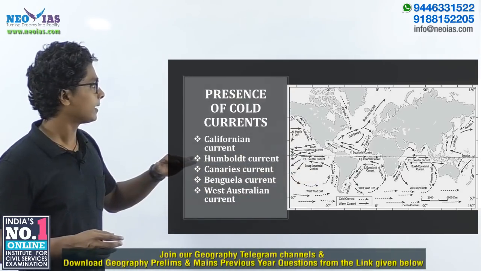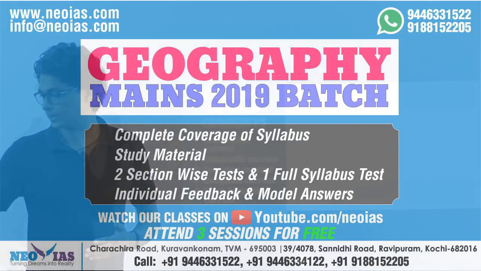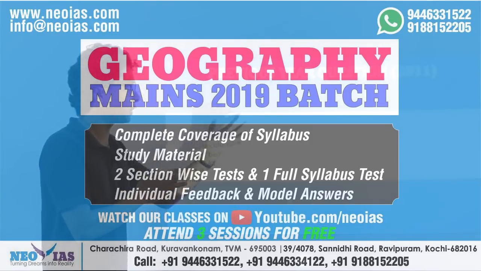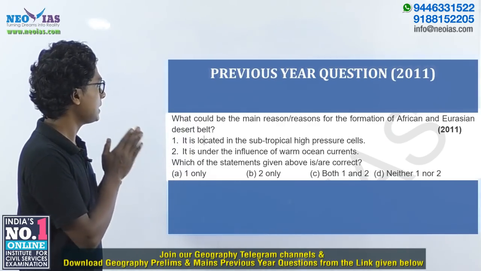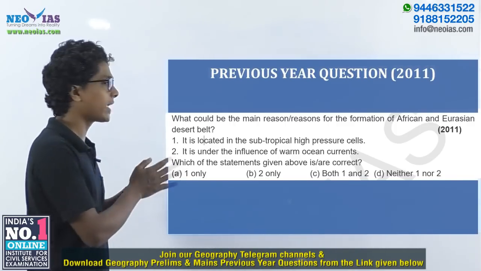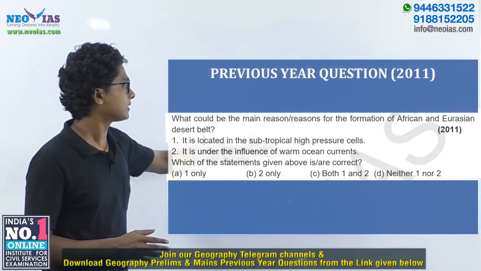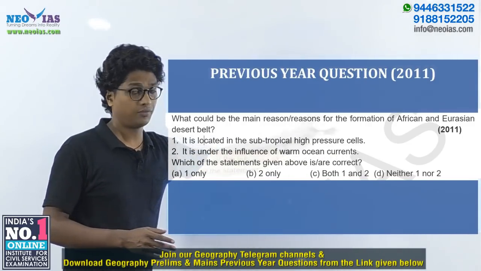Now let's take a look at the previous questions from this topic, right? The major hot deserts. The first one, the prelims question in 2001. What could be the major reason or reasons for the formation of the African and Eurasian desert belt? The first one, it is located in the subtropical high pressure cells, which is actually true.